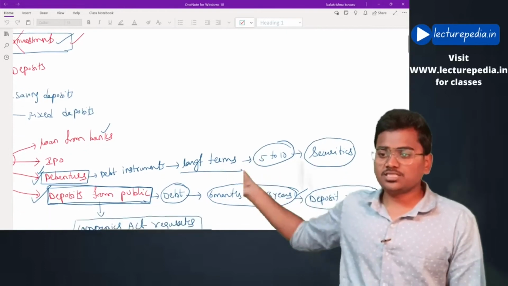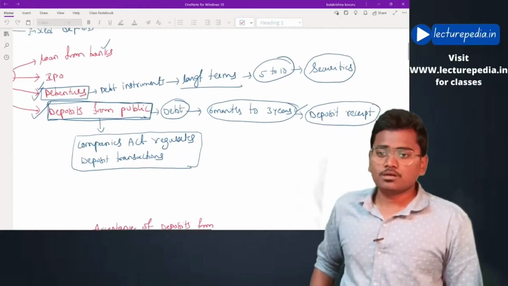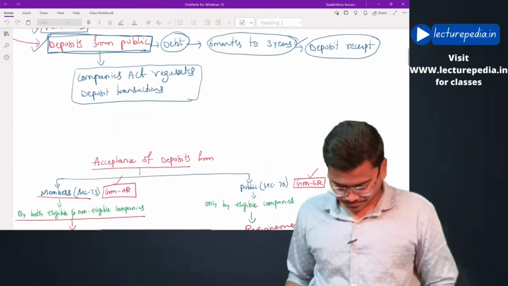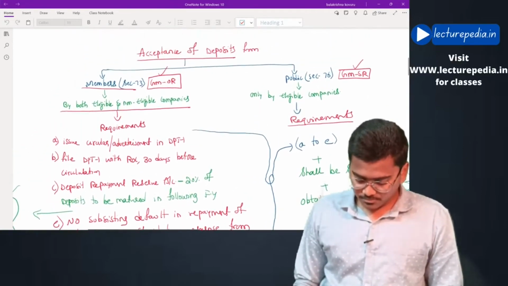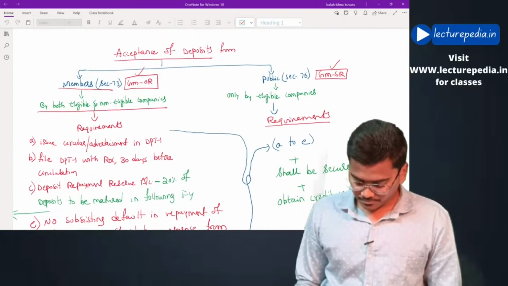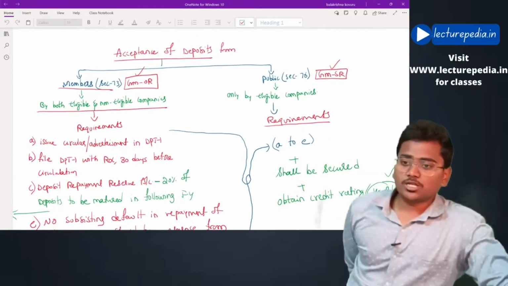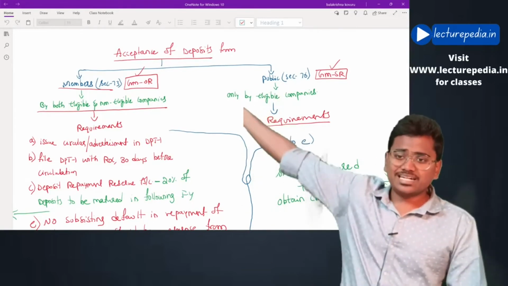You can write this. These are securities. These are depository receipts. And these deposits will be governed by Companies Act. Next, you can make a note of this. First of all, you keep that heading.